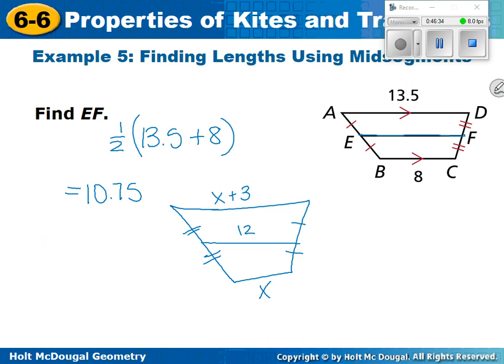Okay, so Brendan said 1/2 of x plus 3 plus x equals 12. So just make sure you can go backwards. If they give you the midsegment, you can still plug that into the equation. Add these together and then take a half.